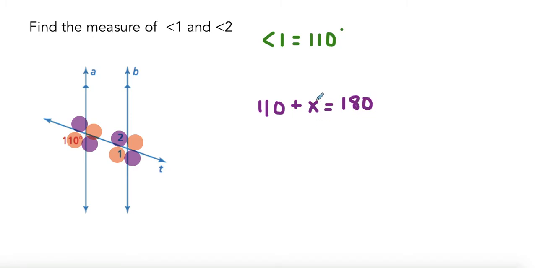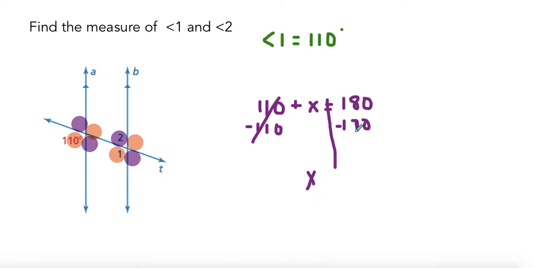To solve for x, or to solve for measure of angle 2, I'm going to use inverse operations. So instead of having a positive 110 degrees, I'm going to subtract 110 on both sides. Oh, that looks like a 7, but it's a 10. 110 minus 110 cancels out to be 0, and I can bring down my x.